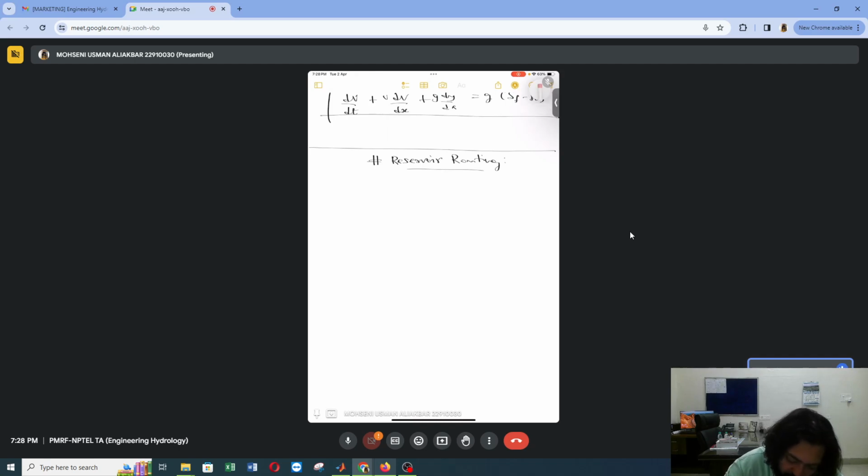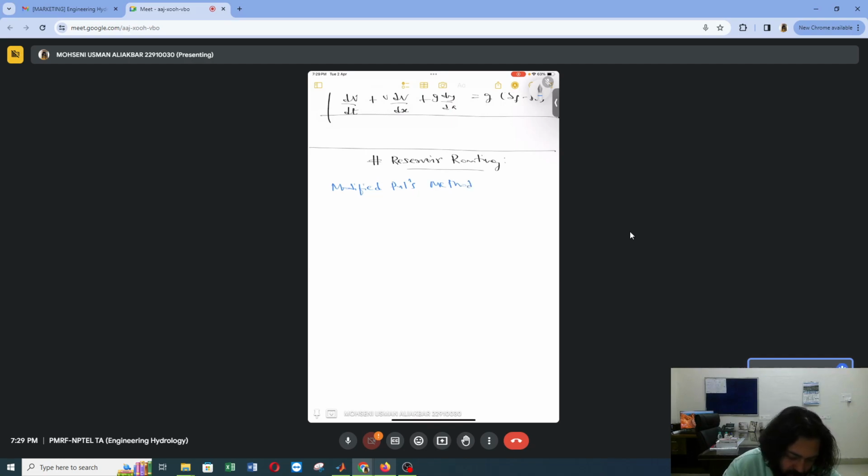So we are going to study the level pool technique, and this technique is also called the modified Puls method.